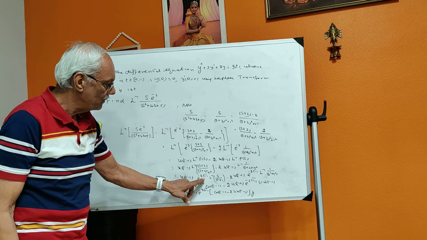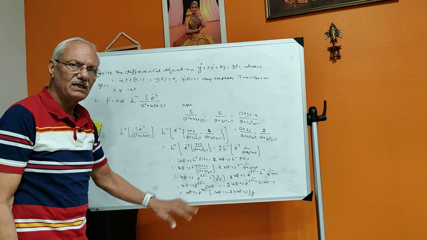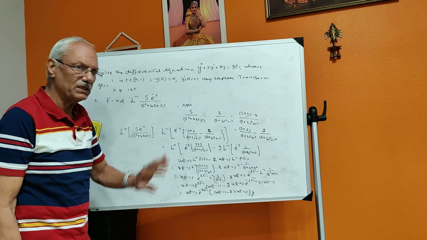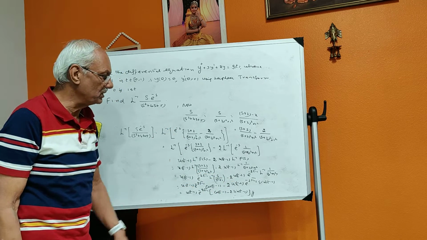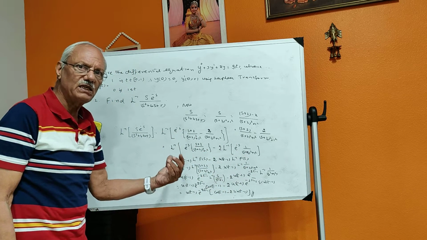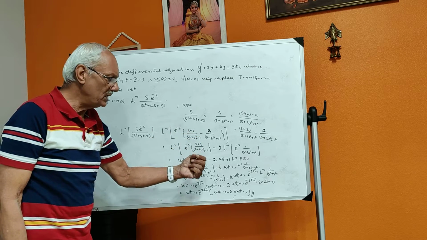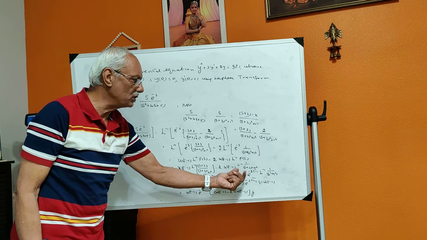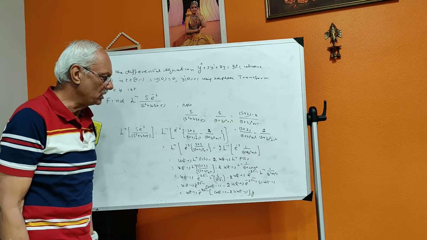Naturally, in e to the minus 2t, in the place of t, we must put t minus 1, into the inverse Laplace transform of s by s square plus 1, minus 2 into u of t minus 1, which is a step function, into again, because this s plus 2 comes here, it means that the inverse Laplace transform will become e to the power of minus 2t, but since it is defined as a step function, it is e to the power of minus 2 into t minus 1, into L minus 1 of 1 by s square plus 1 square.